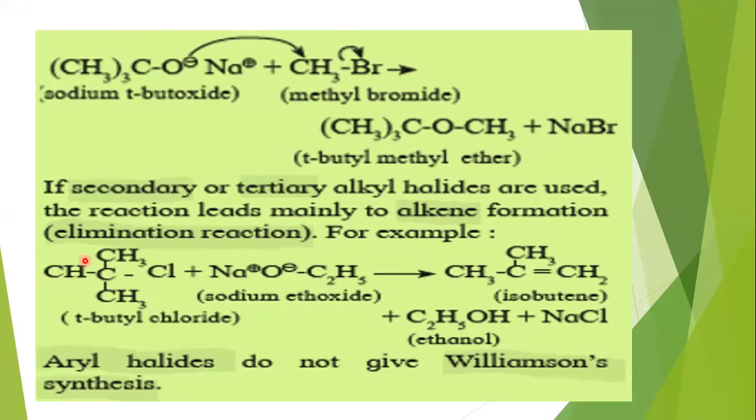So hydrogen from this carbon and chlorine from this adjacent carbon get eliminated, and here carbon-carbon double bond formation takes place, giving the corresponding alkene isobutene plus ethyl alcohol. Okay, aryl halides do not give Williamson's synthesis.